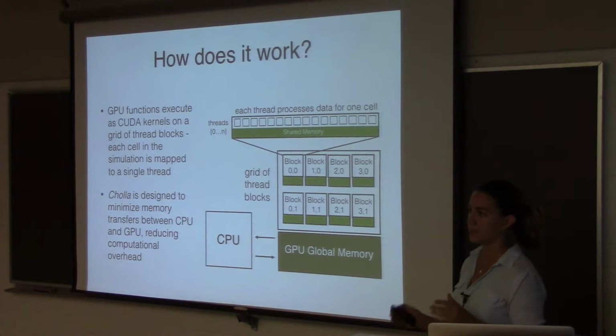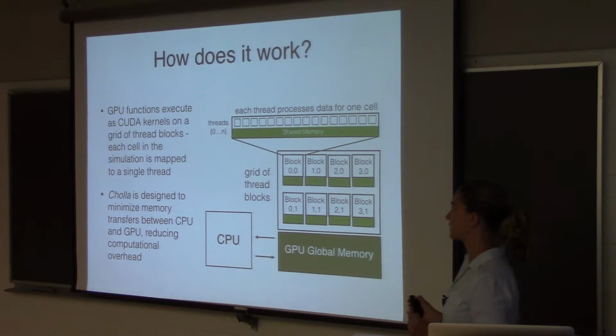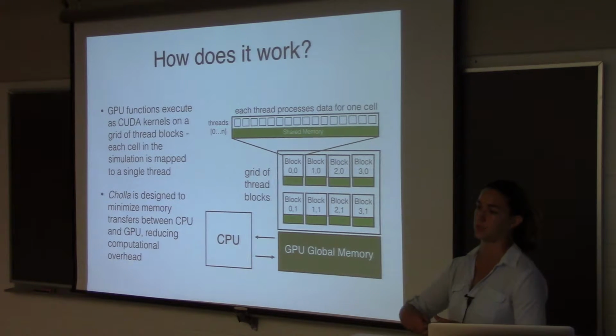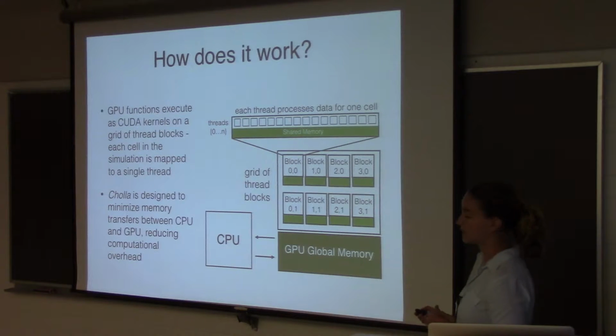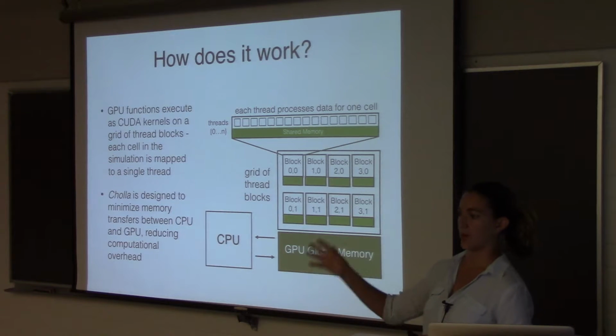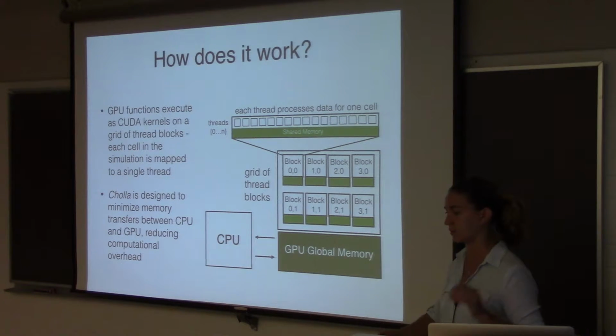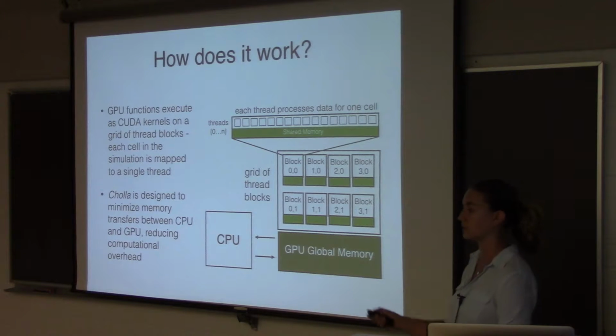The nice thing about the GPU is that I just tell it that I want a certain number of blocks, and then I want a certain number of threads in those blocks. And essentially, each cell in my simulation gets assigned to one thread. So if I have 1 million cells in my simulation, I ask for 1 million threads.